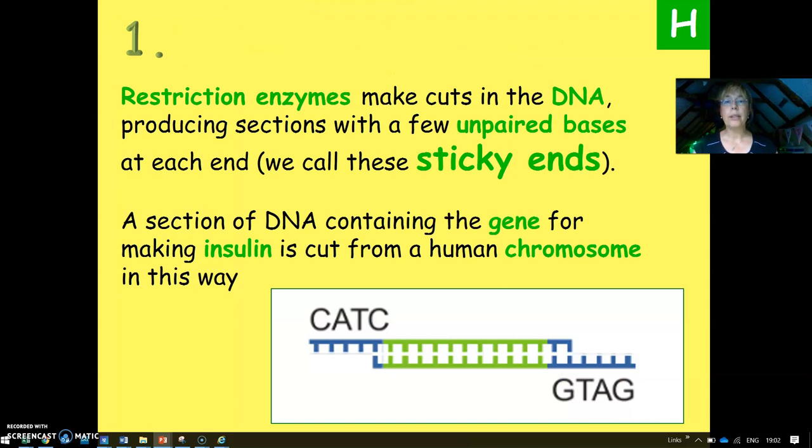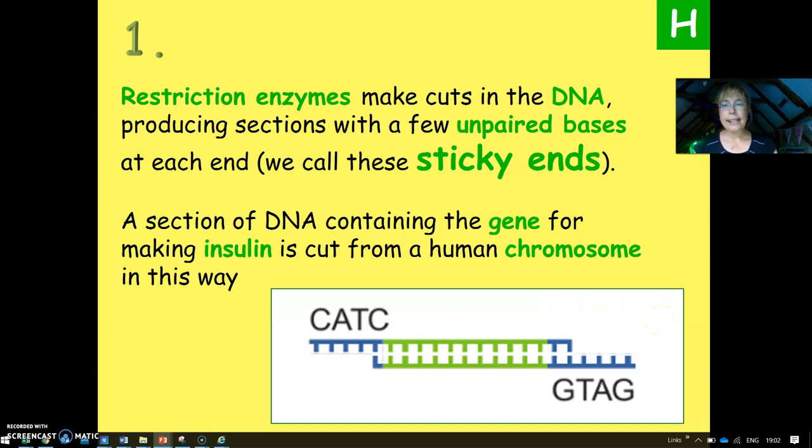Okay, so in step one, if you think about a scissors, in biology the scissors in this example are known as restriction enzymes, and they cut that section of DNA that's needed with a few unpaired bases at the end. You can see over here, these ones at the end don't have any pairs, and we call these ends sticky ends.